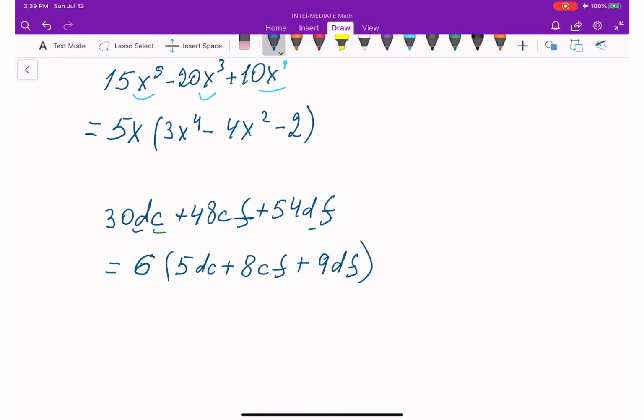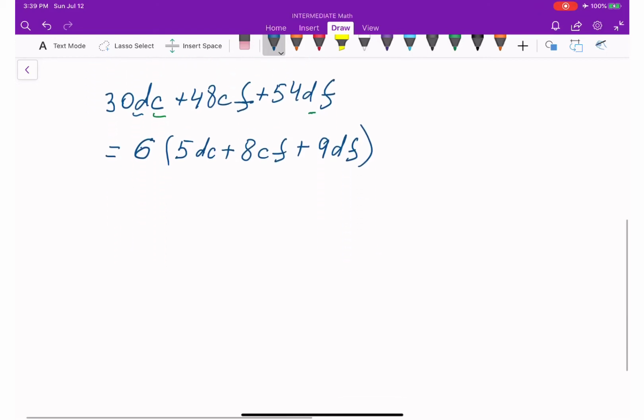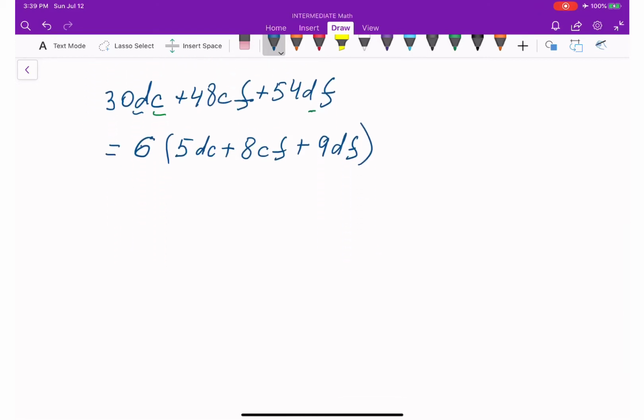Okay, moving to the next one: 8x^5 + 10x^4 - 4x^2.